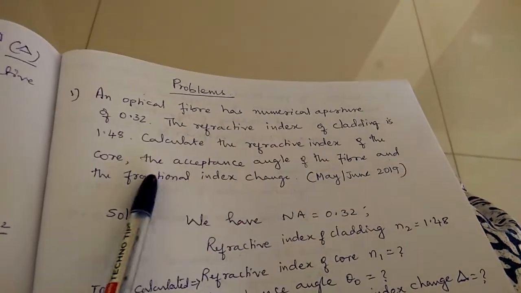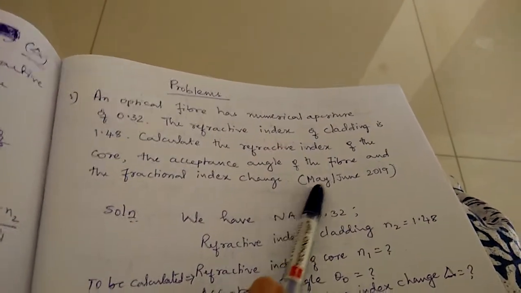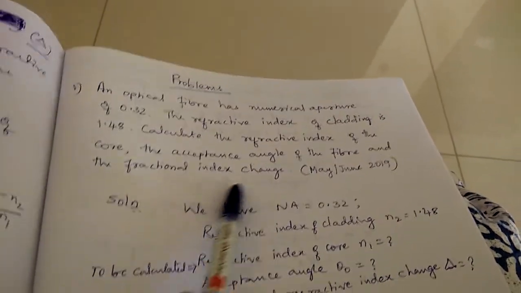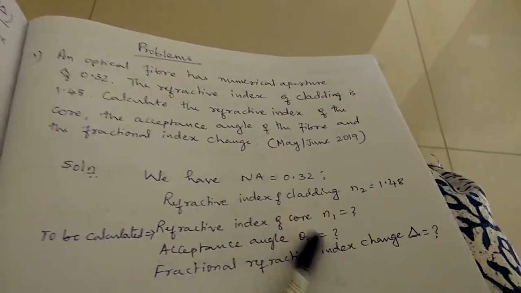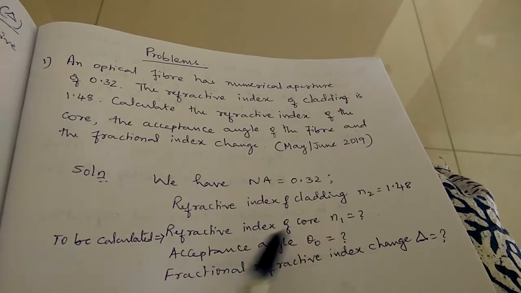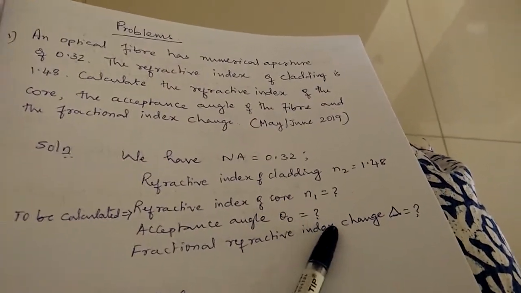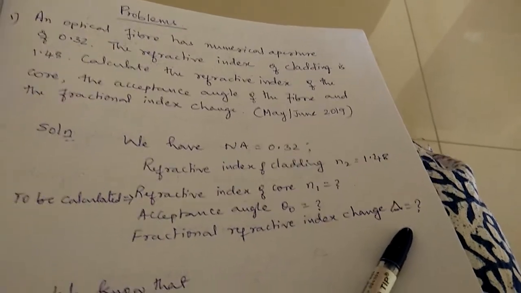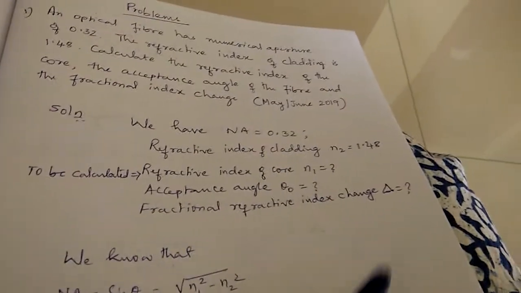Calculate the refractive index of the core, the acceptance angle of the fiber, and the fractional refractive index change. So what is the solution? First you have to write all the given values and what is to be calculated. n1 is what, theta naught is what, and what is the fractional refractive index change. You should write all the expressions.